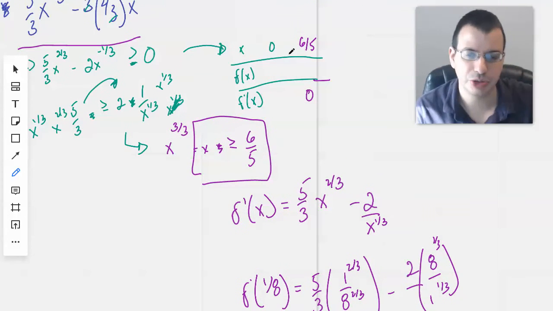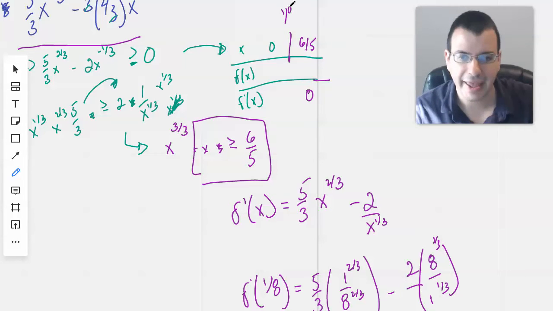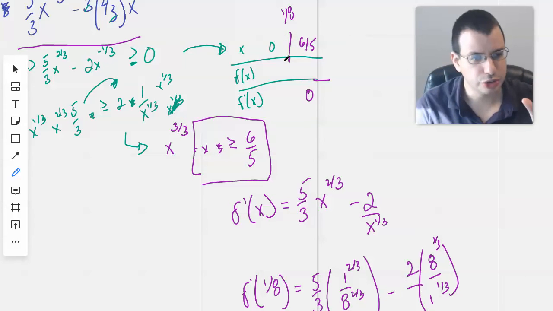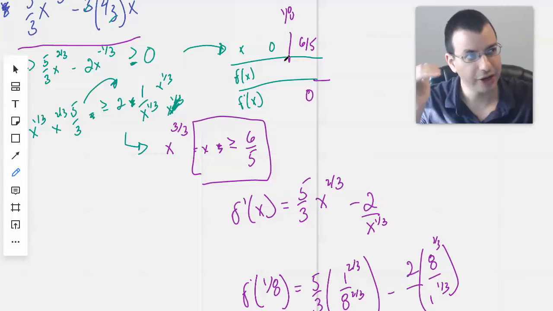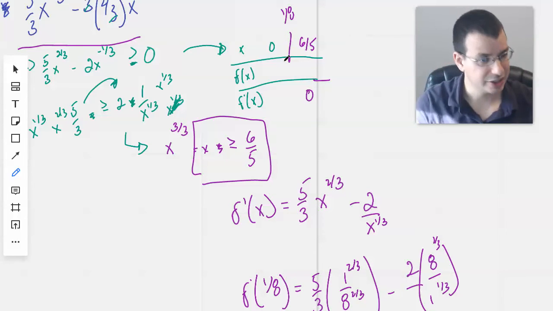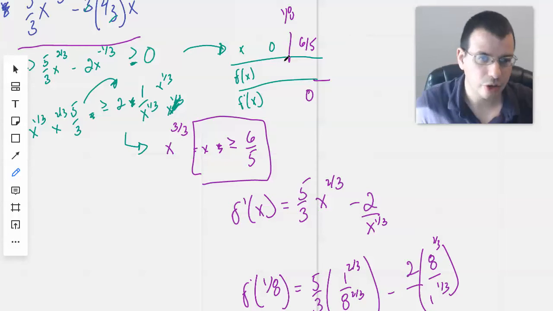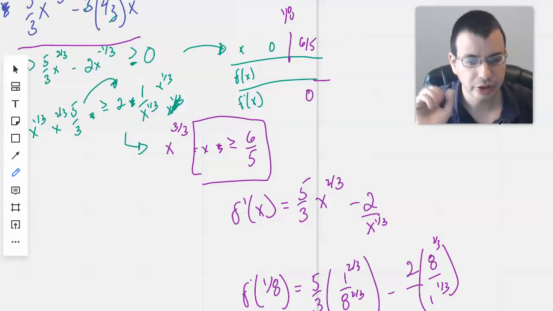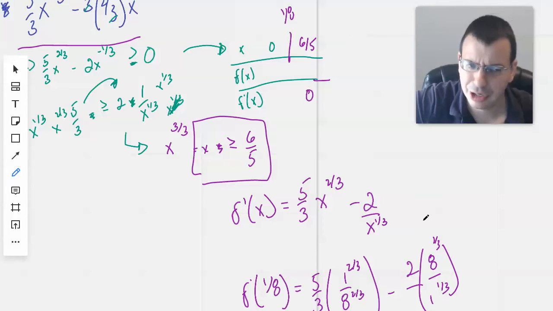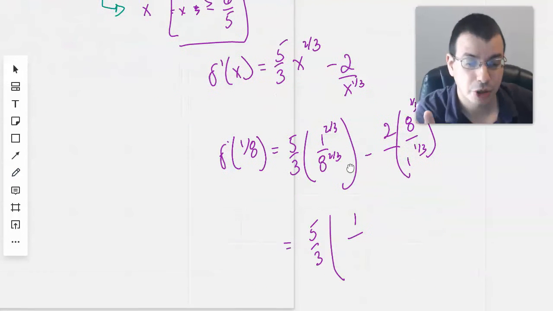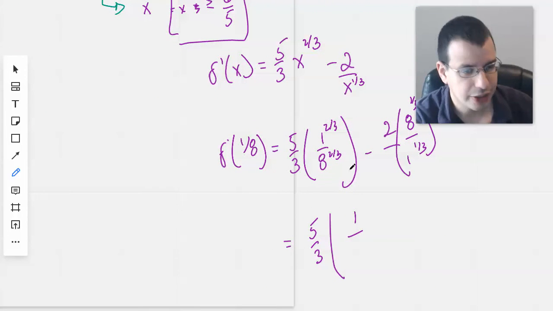It's because it's between 0 and 6/5, and I know that it's a cube. I can find the cube root of 8, therefore I can find the cube root of 1/8, which is just 1/2. Probably should have explained that earlier. So that's why I chose 1/8.